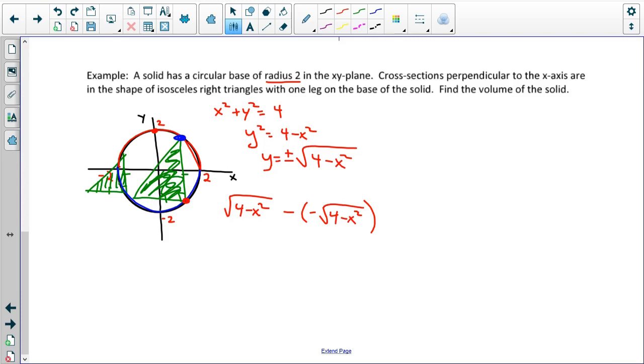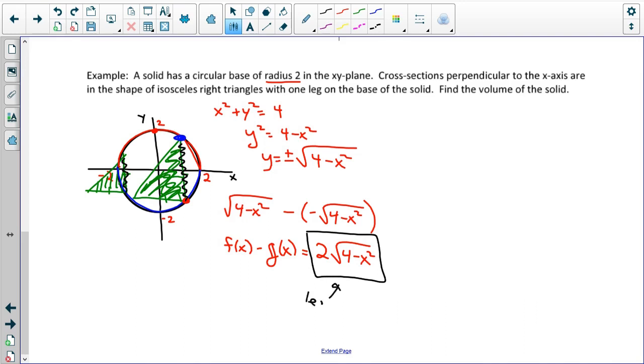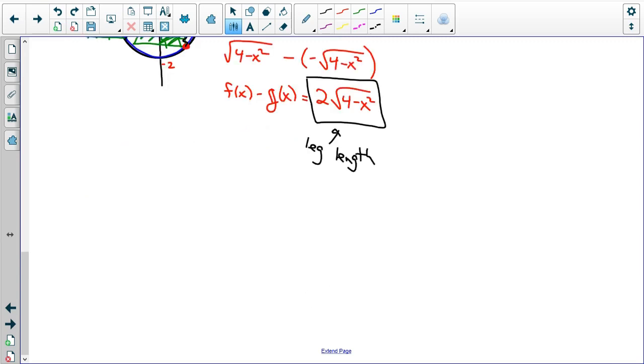So this total thing, the function, is basically f of x minus g of x. That's going to be 2 times root 4 minus x squared. So this is going to be the length of each leg. So that's important that we know that that's the leg length.